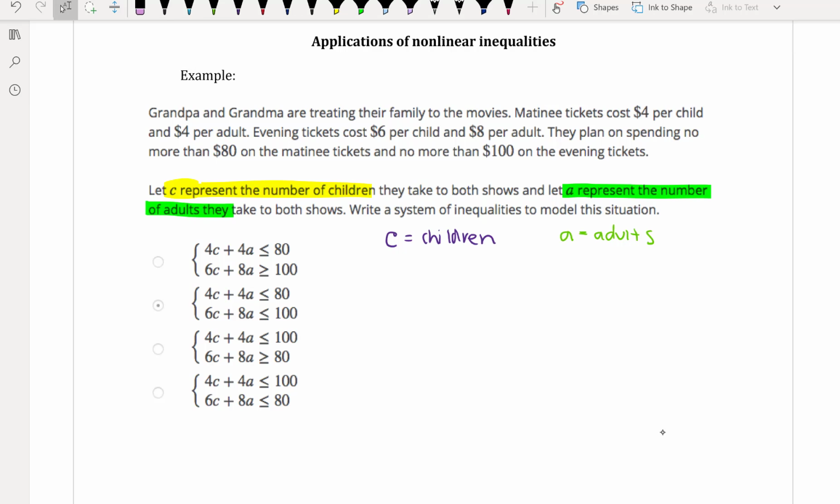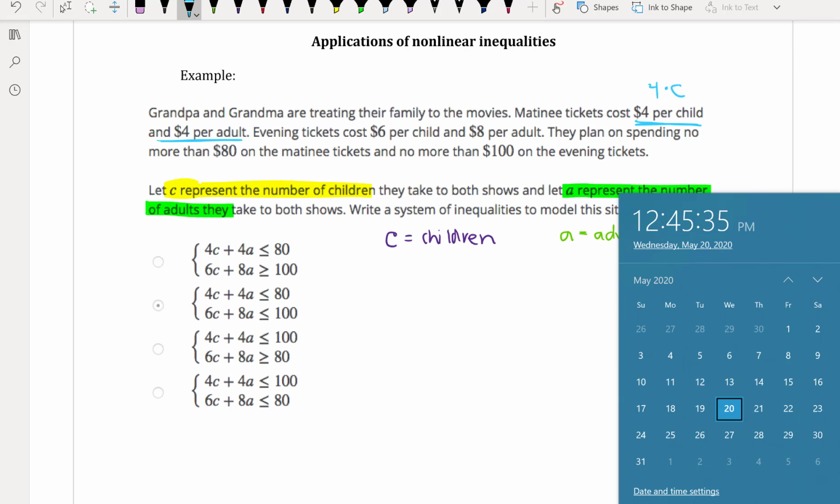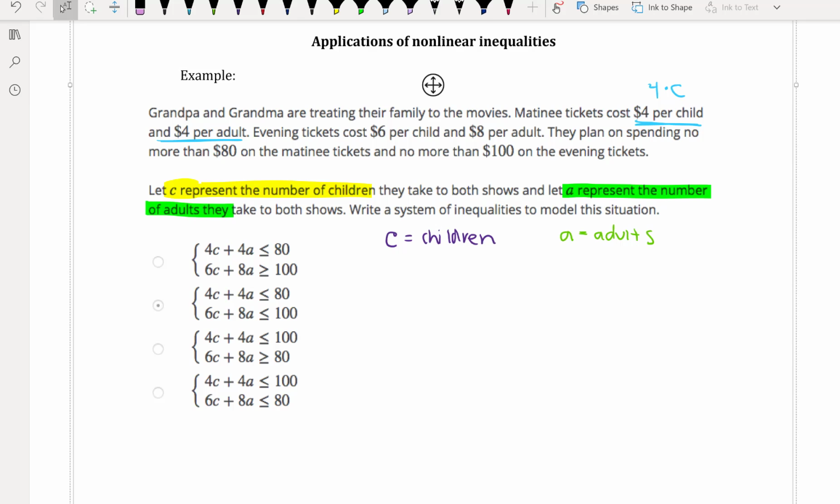So I'm going to have two equations. It says, for the first one, that matinee tickets cost $4 per child and $4 per adult. So $4 per child is 4 times my child, which is 4C. And I have 4 times my adult, which is 4 times my A. And it says that they plan on spending no more than $80 on the matinee tickets.